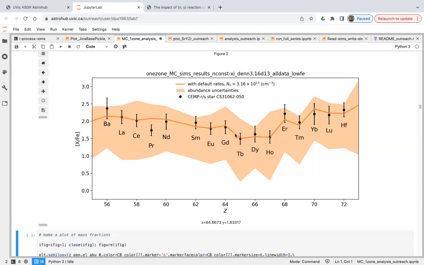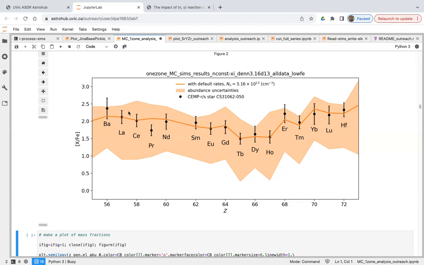This is from our template run with number 0. And this orange band gives the spread of these elemental abundances caused by uncertainties of the neutron capture reactions, because neutron capture reactions of unstable isotopes that participate in the i-process have an effect on these predicted abundances.